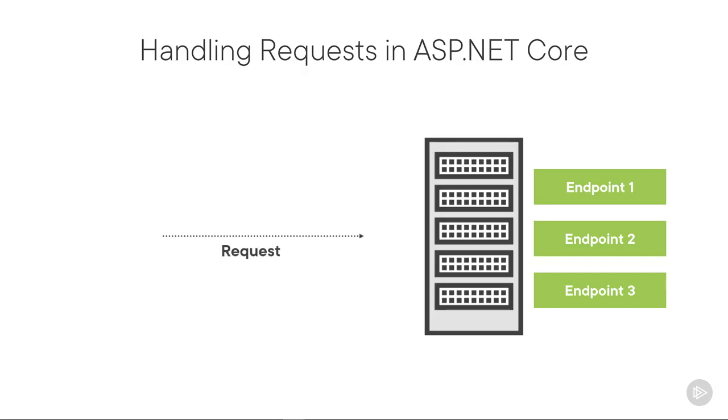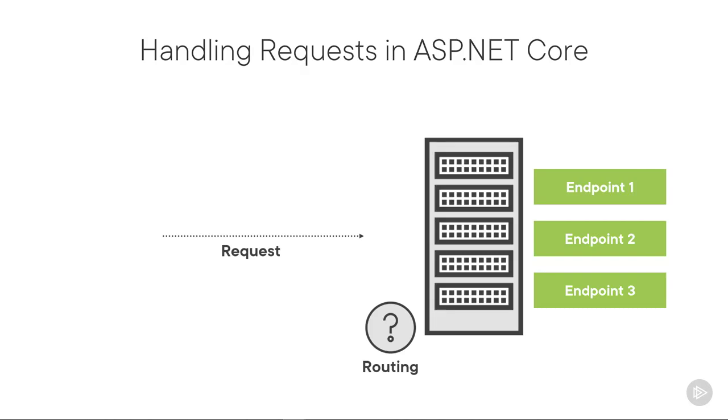The question then remains, how will ASP.NET Core MVC know which controller and which action to invoke? Well, the answer is a process called routing, and it comes with ASP.NET Core built in. Routing is a process that will map the incoming HTTP request to one of the endpoints of the application.